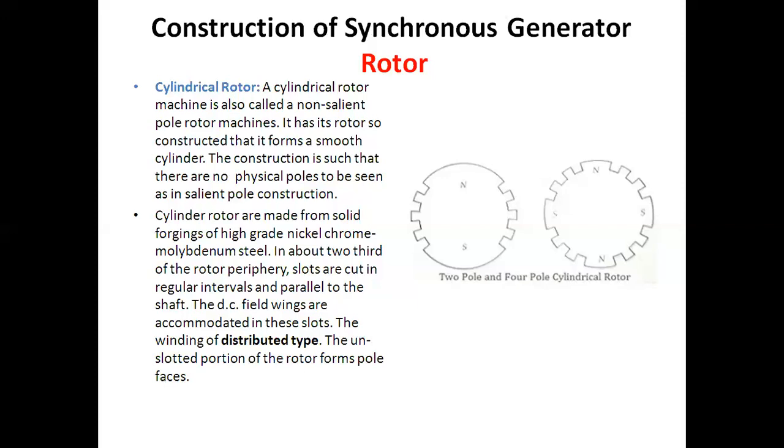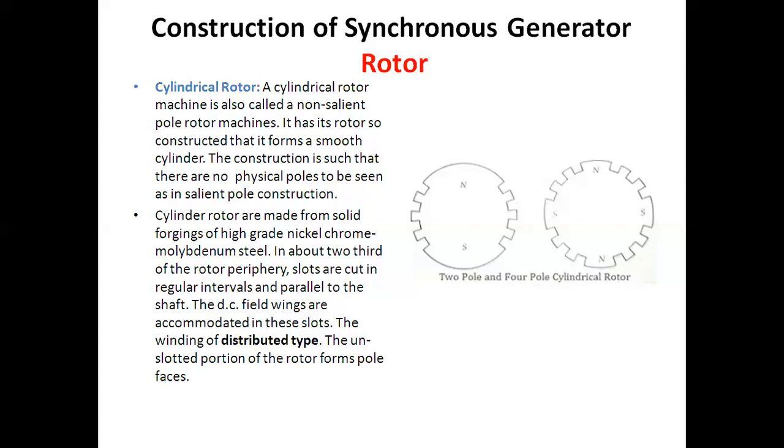Cylindrical rotors are made from solid forgings of high grade nickel chrome molybdenum steel. In about two-thirds of the rotor periphery, slots are cut at regular intervals and parallel to the shaft.